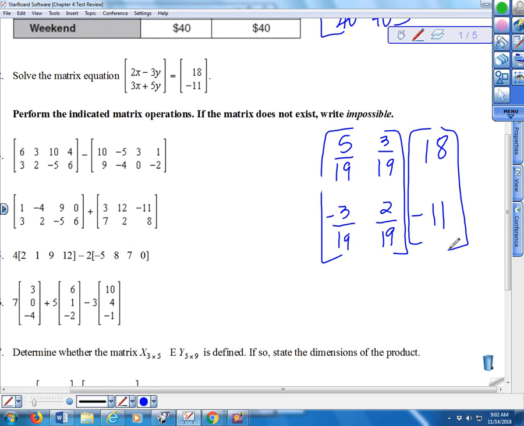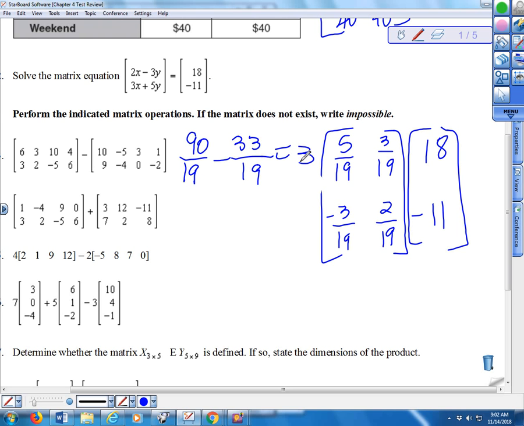No, I'm just going to use a calculator. 18 times 5, 90 over 19, minus 3 times negative, that's a positive then, or no, it's minus, sorry, plus a negative 33 over 19. 90 minus 33, I think we already did that. 57, and 57 over 19 is 3. So x is 3. And we do the second row.